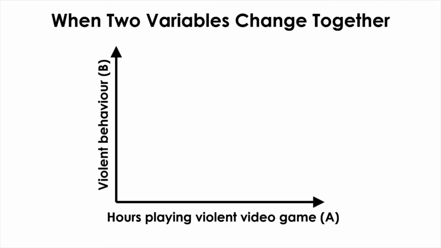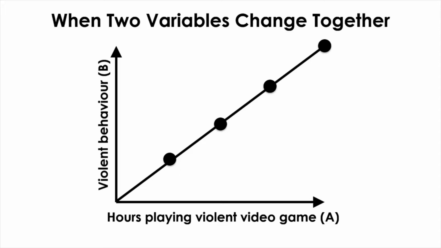As the data suggests, the more you play, the more violent behaviors are displayed, and this relationship is almost perfectly correlated. In this case, can we conclude that the original hypothesis is supported, meaning that violent video games are the true culprit behind the violent behavior?